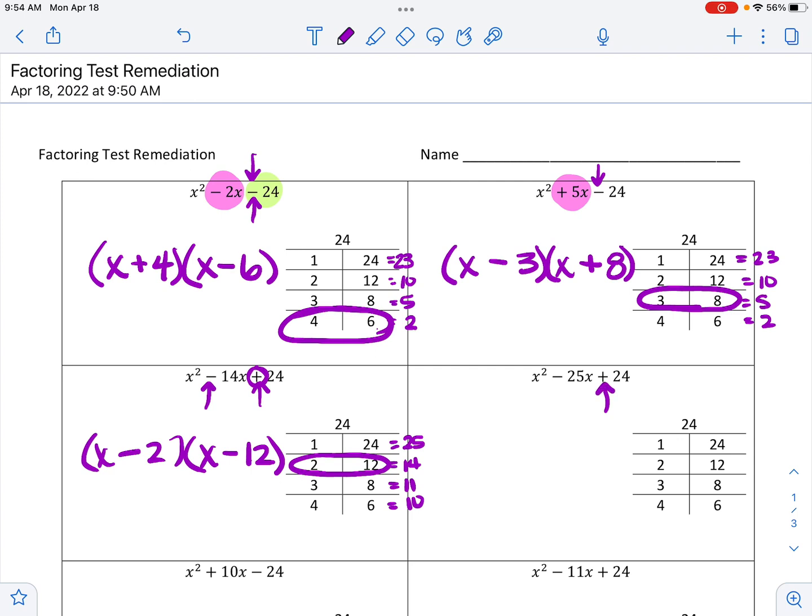So again, because I see a plus sign, I'm going to add. And I know my magic pair because my B matched up with my magic pair. That gives me 1 and it gives me 24. Now, because my B is negative, they're both going to be negative.